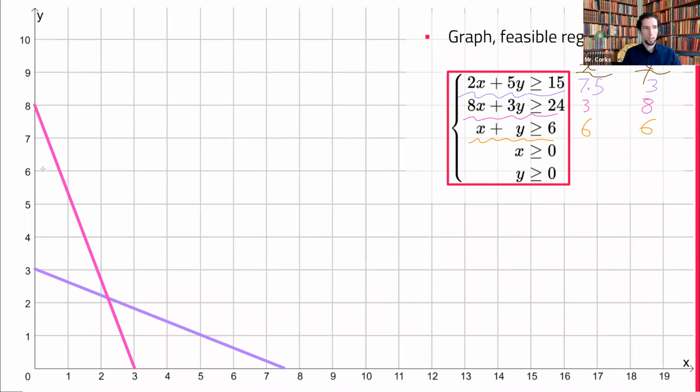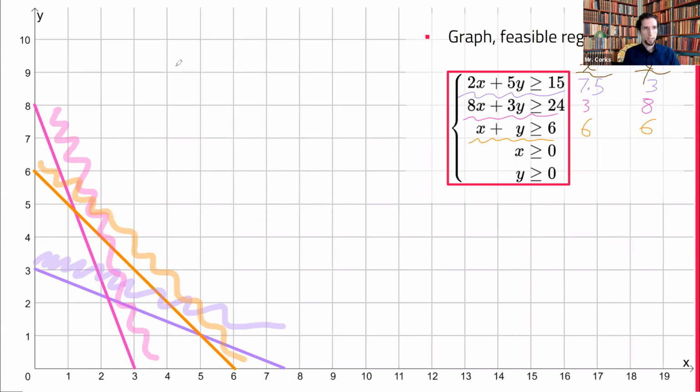And then our last one, 6 and 6, like this. All right, for each of these, are we shading above or below these lines? Above. Above for all of them because they are all greater than or equal. So above the purple one, above the pink one, and above the orange one.